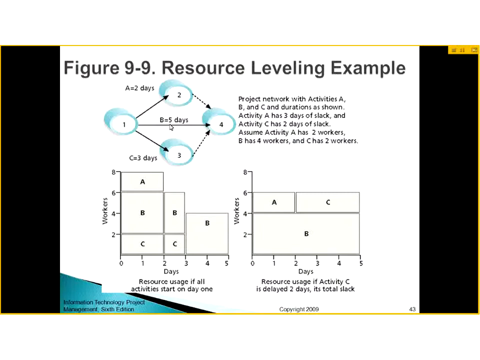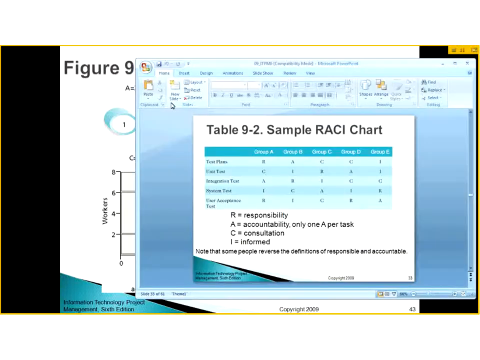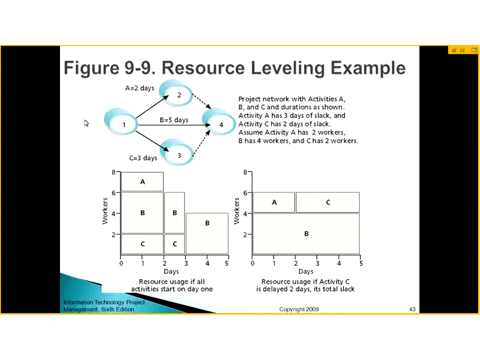Activity B will be completed after 5 days. So the slack for A is 3 days, because A can be delayed up to 3 days. Similarly, activity C has 3 days duration. It can be delayed up to 2 more days.